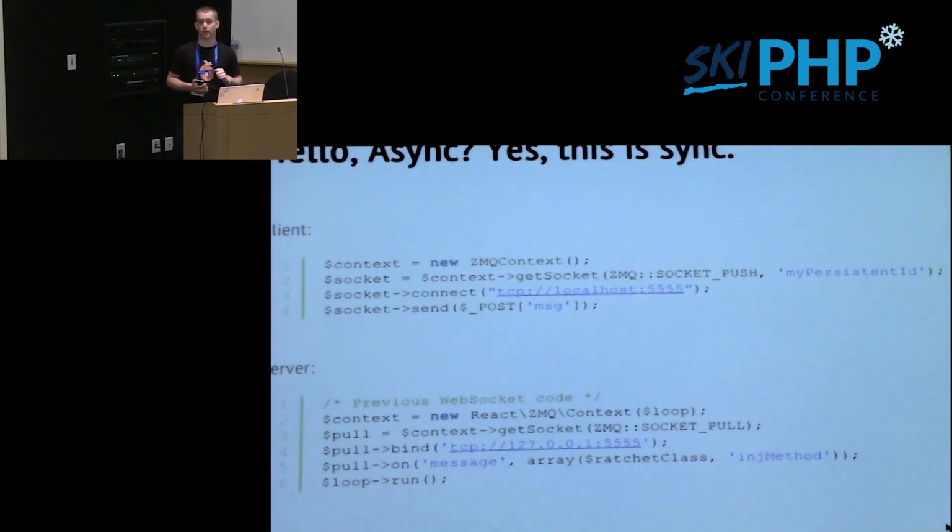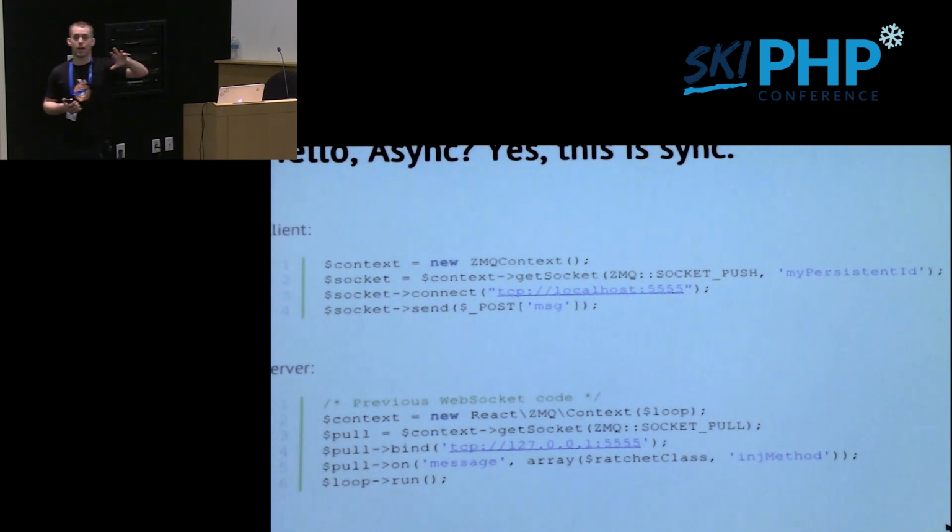And 0MQ is very good for talking with other processes that you trust. So a pattern to use is binding a 0MQ socket to React in the event loop. If you remember from my last presentation, you can bind multiple servers to one event loop and handle it. So in this server code on the bottom, there's a bit of code missing, you have to fill in the blanks.